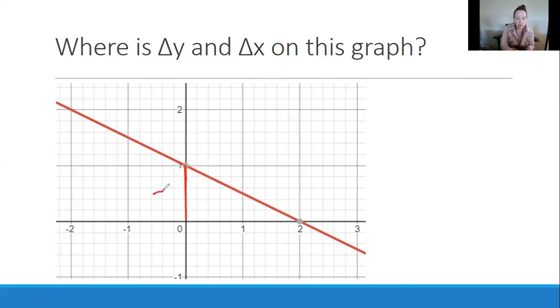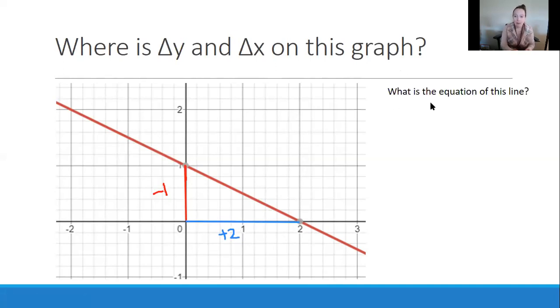Very important that you say you went down. You have to show me mathematically that you went down 1. So now let's look over and take a look at the change in x. So my change in x is right here. And it looks like I went over a positive 2.